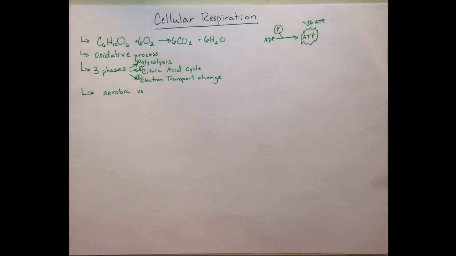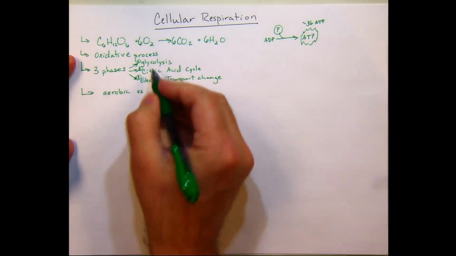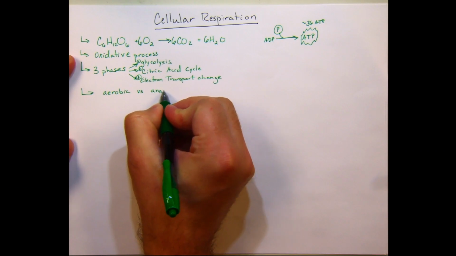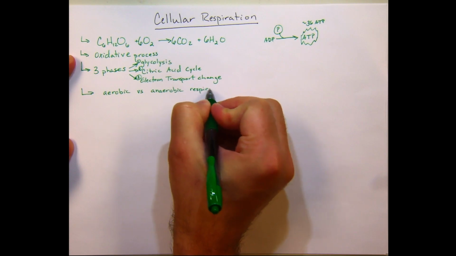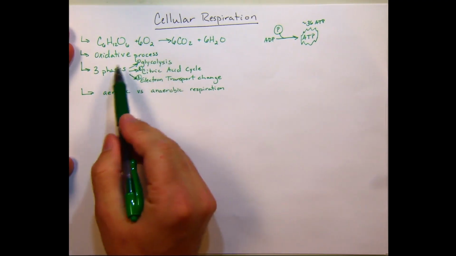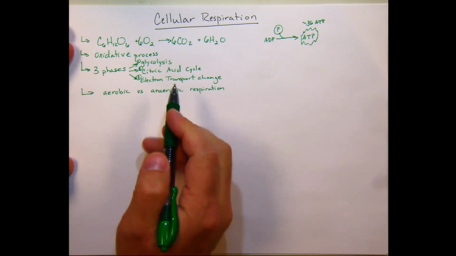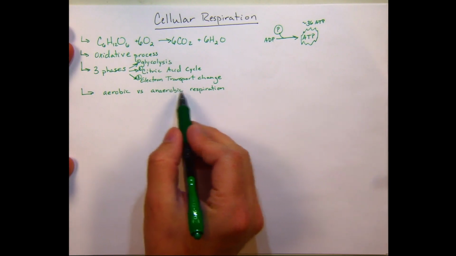Even in our body, when we are short on oxygen, we can utilize some anaerobic respiration. For starters, let's talk about the three phases, and we're going to be using oxygen, so we're talking about aerobic respiration. We'll talk about anaerobic in just a moment.